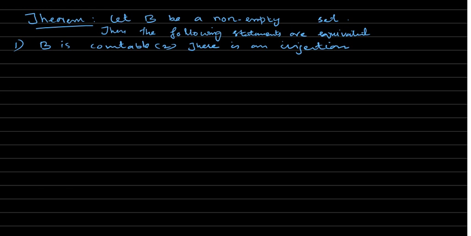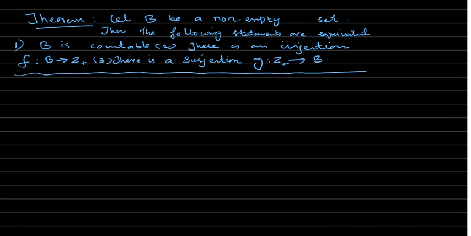There is an injection f from B to Z plus, the set of positive integers. And the third one is there is a surjection g from Z plus to B. So this theorem is very important for us for countable sets.